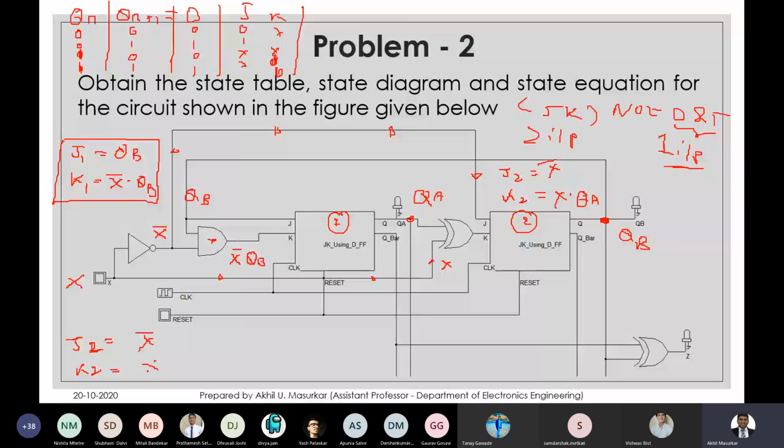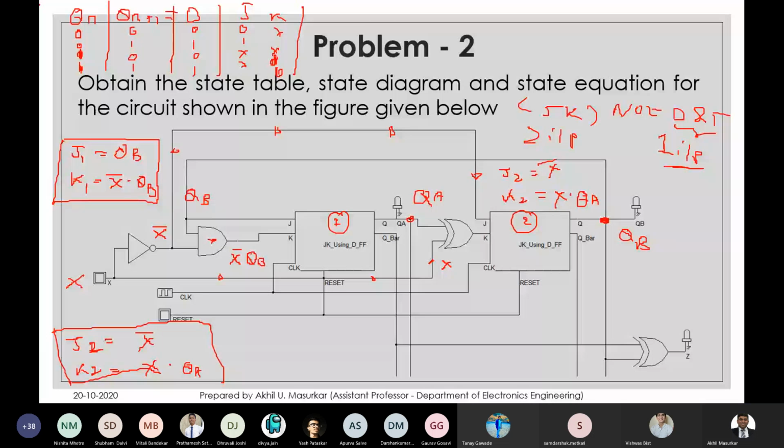Now why have we done this? Because we want to write the state table, and state table is in terms of the outputs and the next state outputs. So that is why we are interested in this.